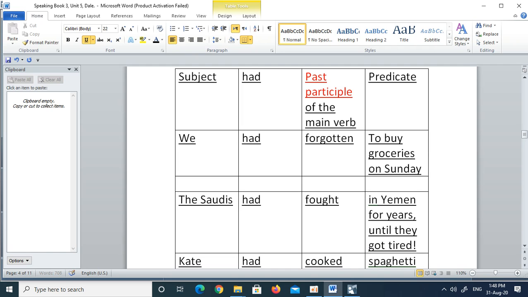We had forgotten to buy groceries on Sunday. Okay, so that was our predicate. So if you have a sentence with a subject, had, the past participle of the main verb, and then a predicate, it should be fine.